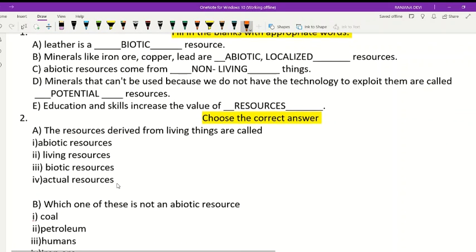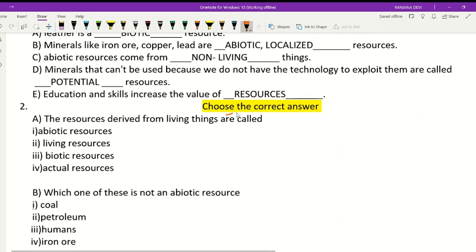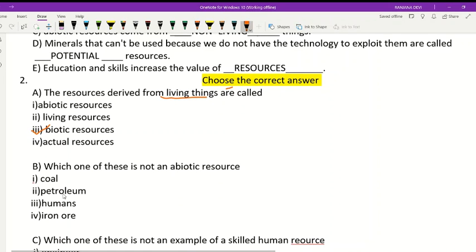So next, choose the correct answer. We have to choose the correct option. First is: the resources derived from living things are called. The resources that we take from living things, as I told you, are the biotic resources. Next is question B. Which one of these is not an abiotic resource? As we know, coal is abiotic, petroleum is abiotic, and iron is also abiotic.